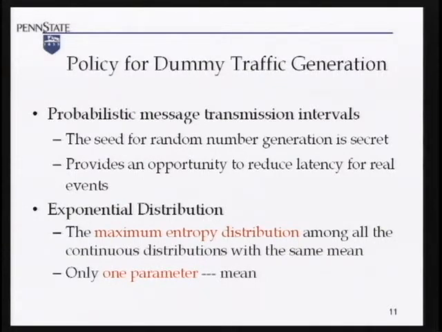We use the exponential distribution because of these properties. One is that the exponential distribution has the maximum entropy among all continuous distributions with the same mean. The second reason is that the exponential distribution has only one parameter, because the mean and the standard deviation are the same. So you only need to control one parameter.